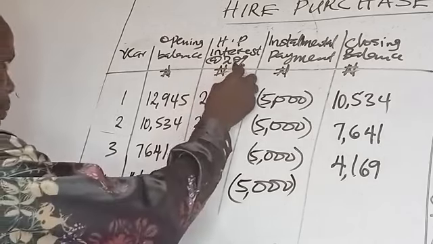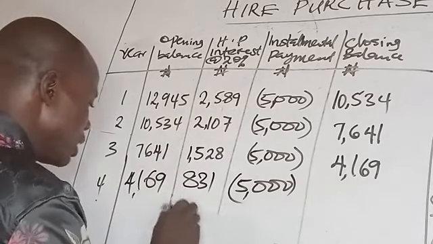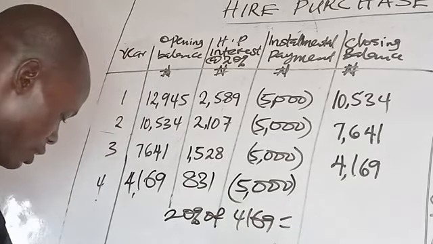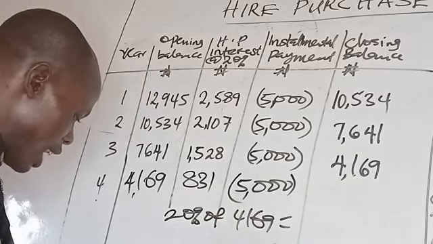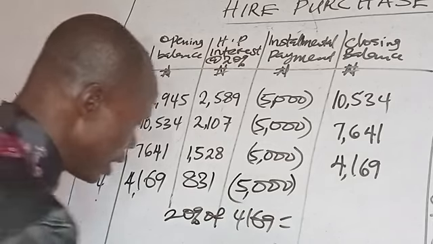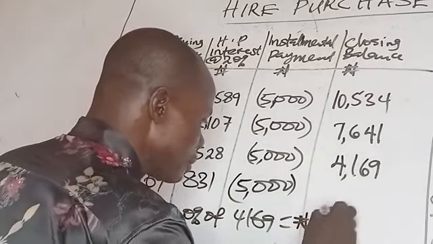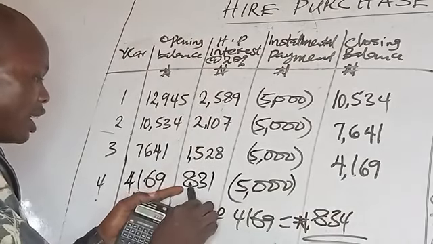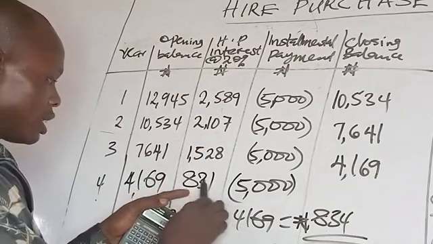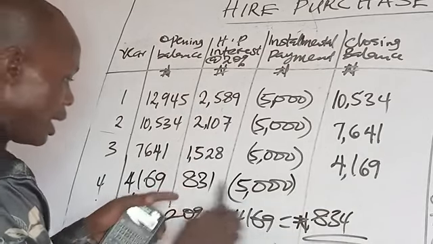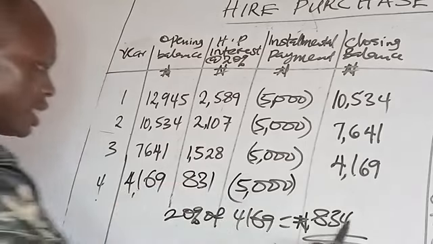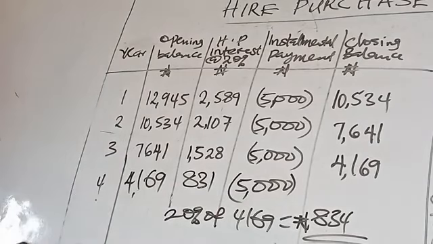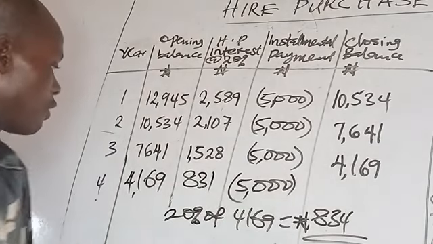And if you calculate 20% of 4,169, it gives us approximately 834, which is greater than 831 by 3. The difference of 3 is a result of rounding off, so it's a rounding off error.